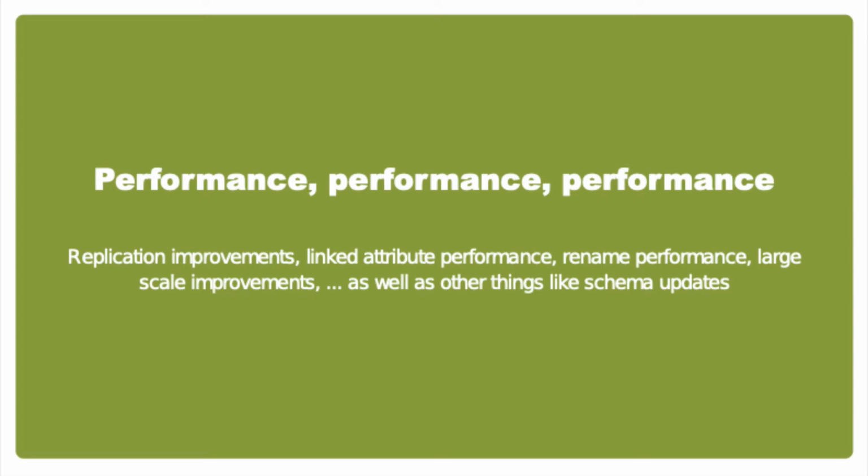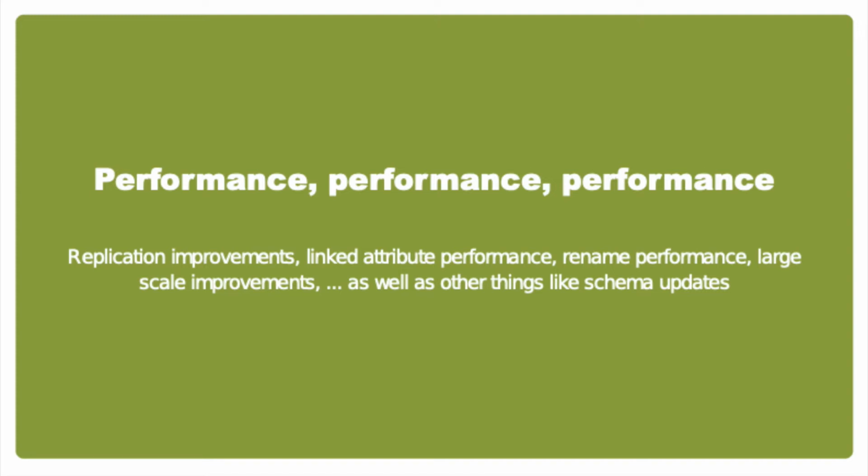So the story for 4.10 to 4.11 is basically performance, and it's almost entirely about performance. So there's replication improvements. So the join, as I've talked about, was 100 times better at not even that larger scale.